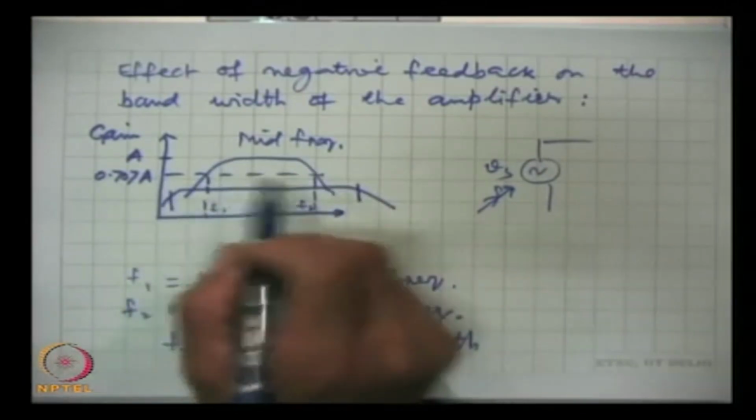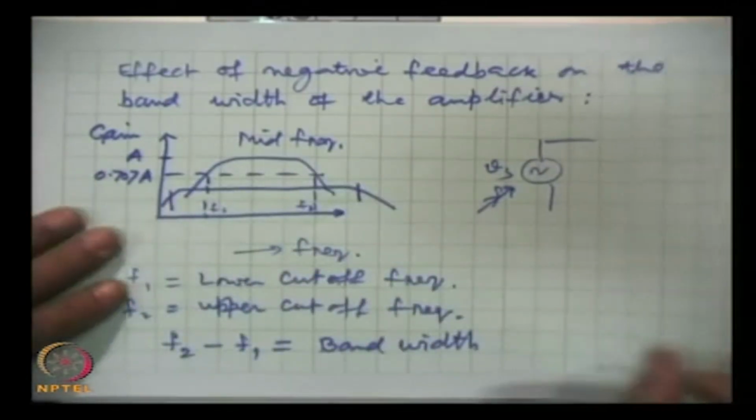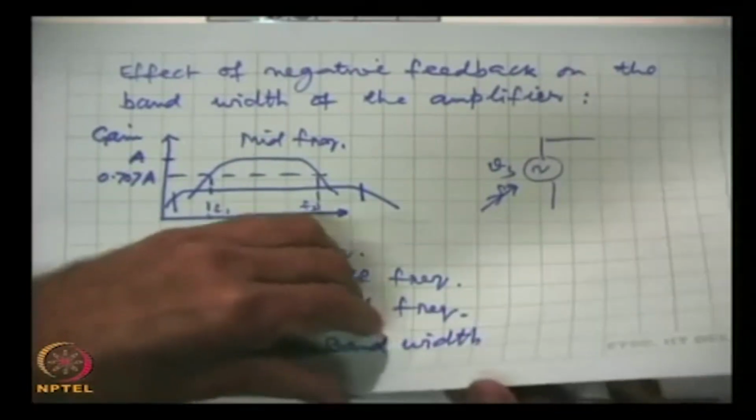So, at the moment I just talk about the bandwidth. So, remembering the fundamental that negative feedback resists the change. So, when the frequency is further lowered, the gain will change, and that gain will be resisted by the negative feedback. It will not change that fast.